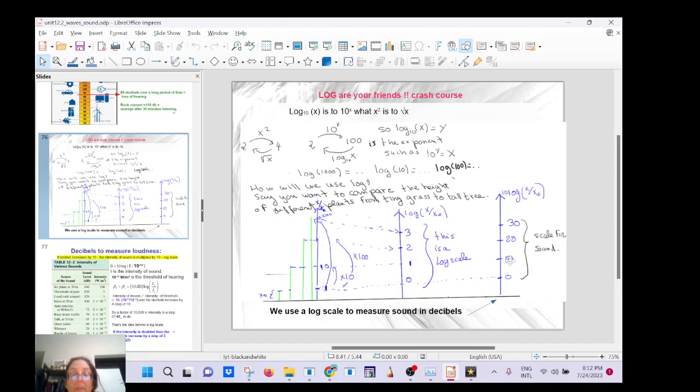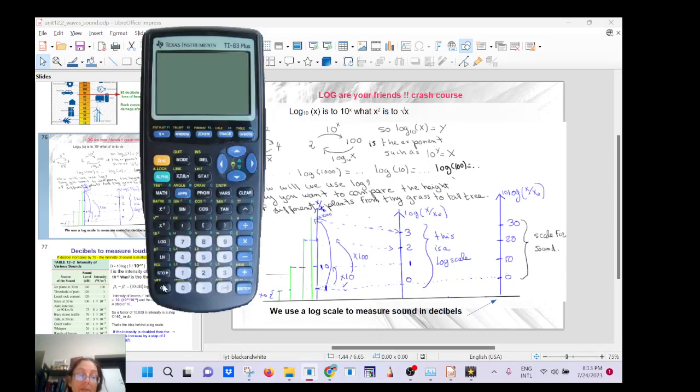So we're going to go over a few examples, but just to make sure you understand what a log in base 10 is: log in base 10 of x is the exponent that you need to place on base 10 to get x. Okay, so for example, if I take my TI, log in base 10 of 50.